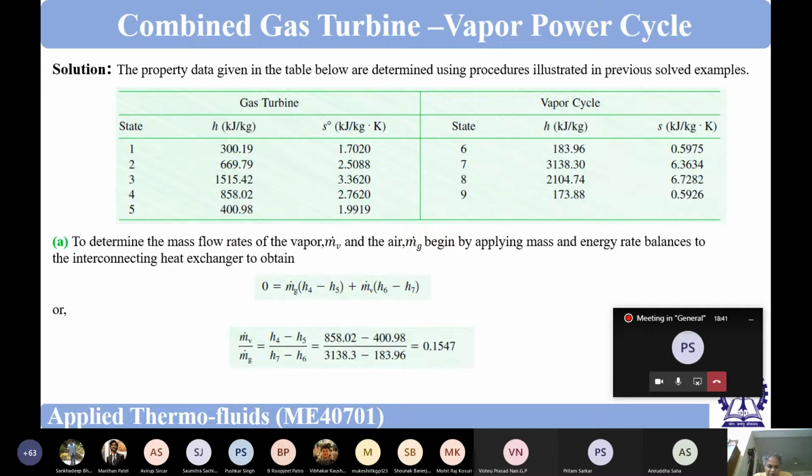So the first thing is that we want complete combustion to take place. Second, the air which we are using is not only helping in the combustion, it is also the working fluid. And if the working fluid mass flow rate increases, we get more power.